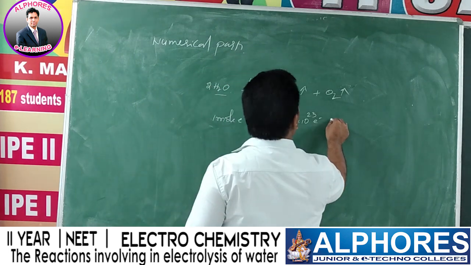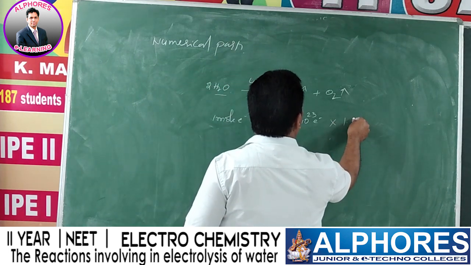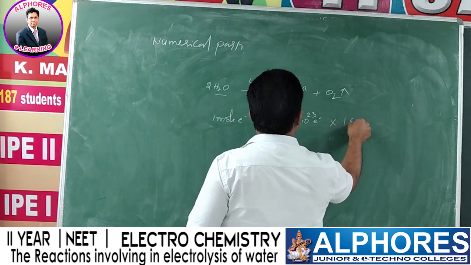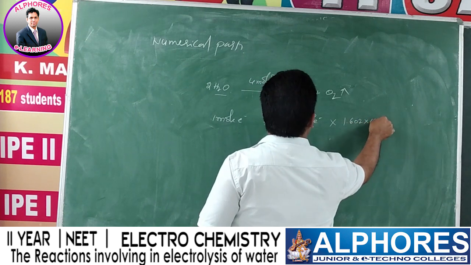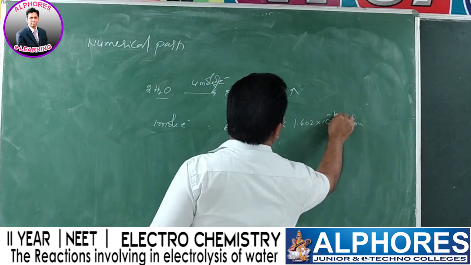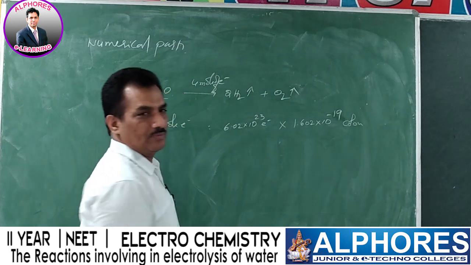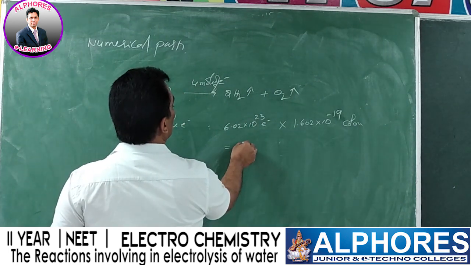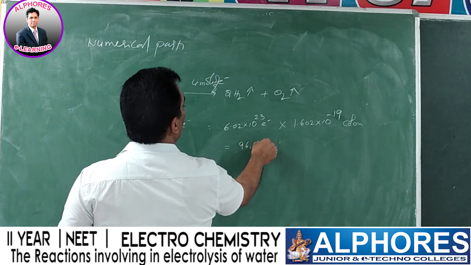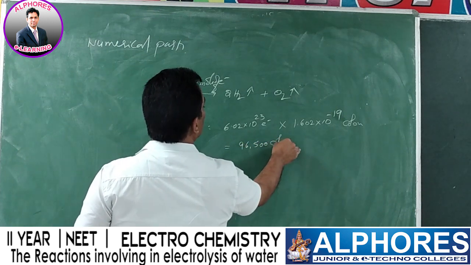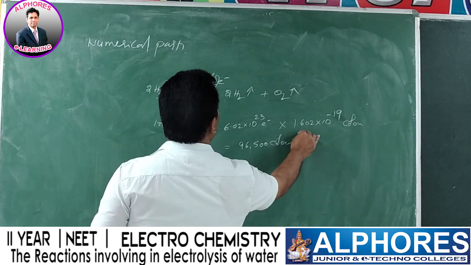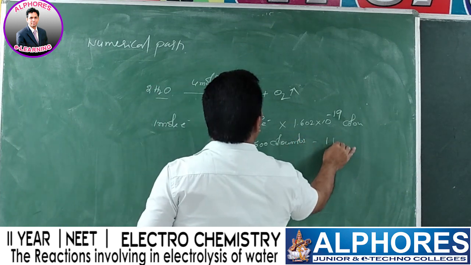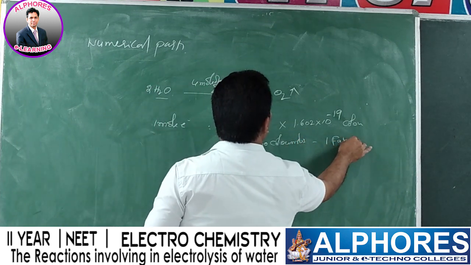And each electron has charge 1.602 into 10 to the minus 19 coulombs. Is it not? Now 1 mole altogether comes to 96,500 coulombs, and it is nothing but 1 Faraday.